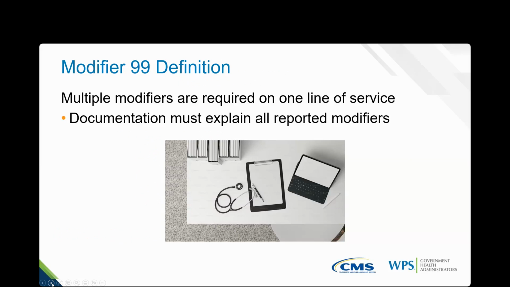So if you are reporting modifier 99, your documentation is going to need to support the modifiers that you're using on that claim. And just as with any other modifier, your documentation has to justify the use of that particular modifier. So that means when you're using a modifier 99, your documentation must support at least 5 modifiers.